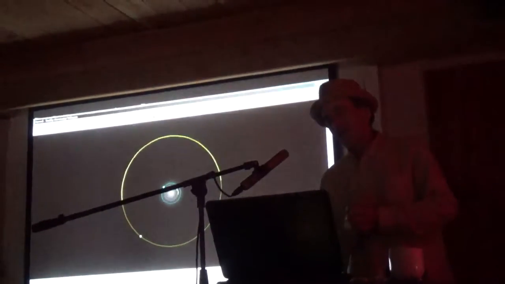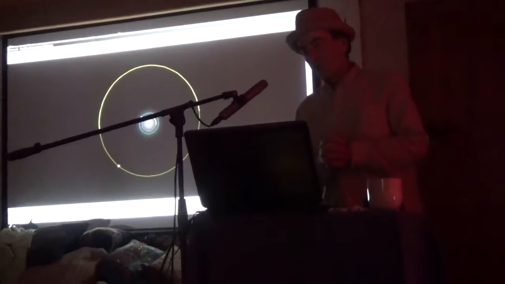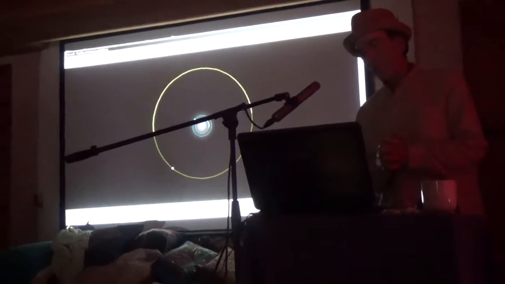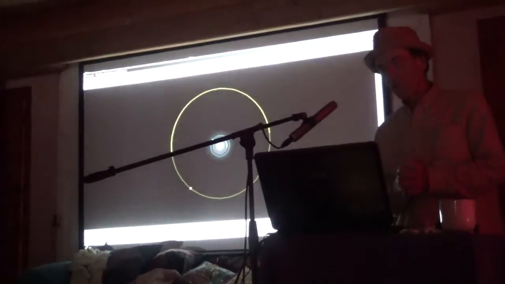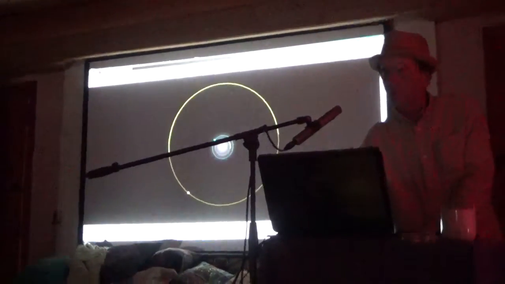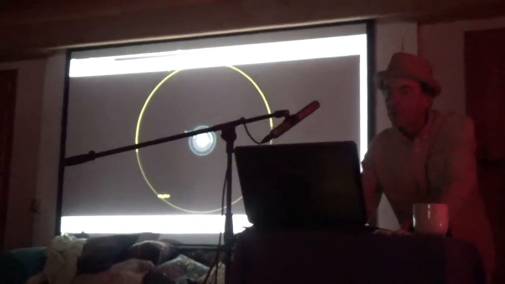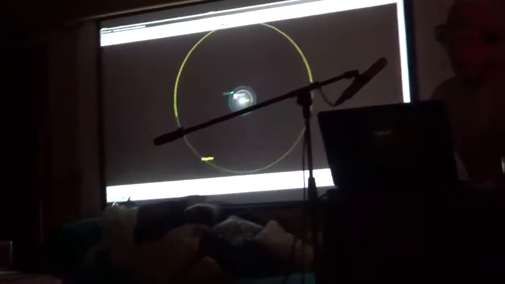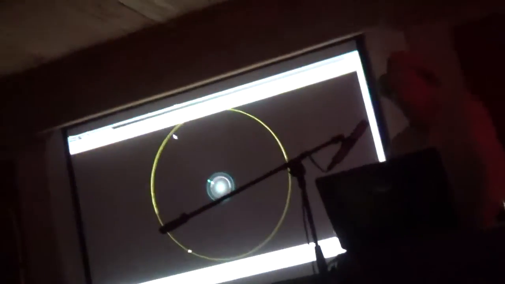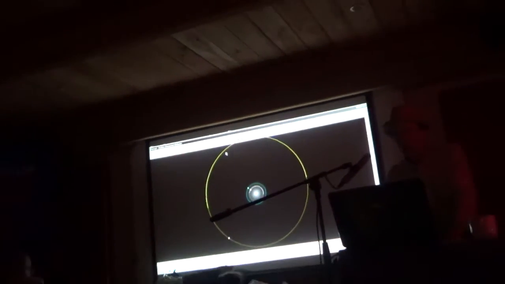From at least the 1800s, a few people have noted that the synodic cycles of Earth, Venus and Jupiter, which are the three I'm showing at the moment, with the Sun in the middle, follow sunspot cycles.